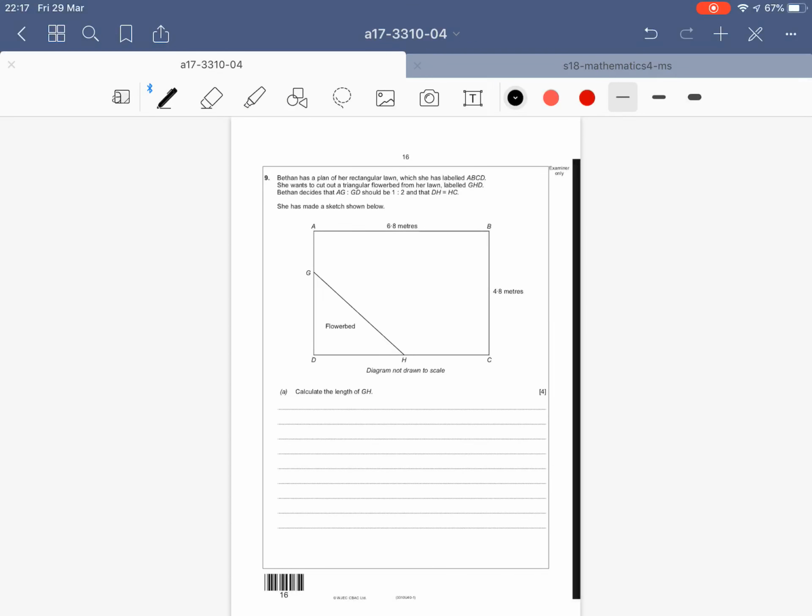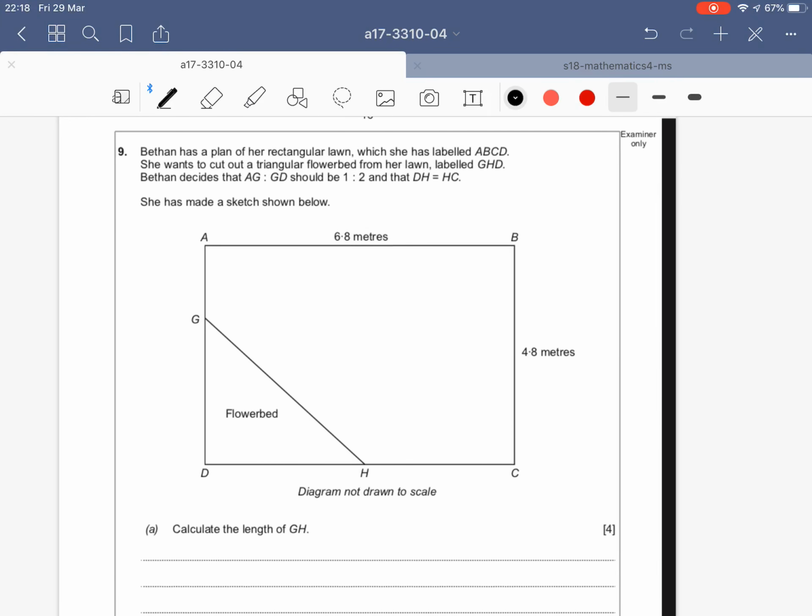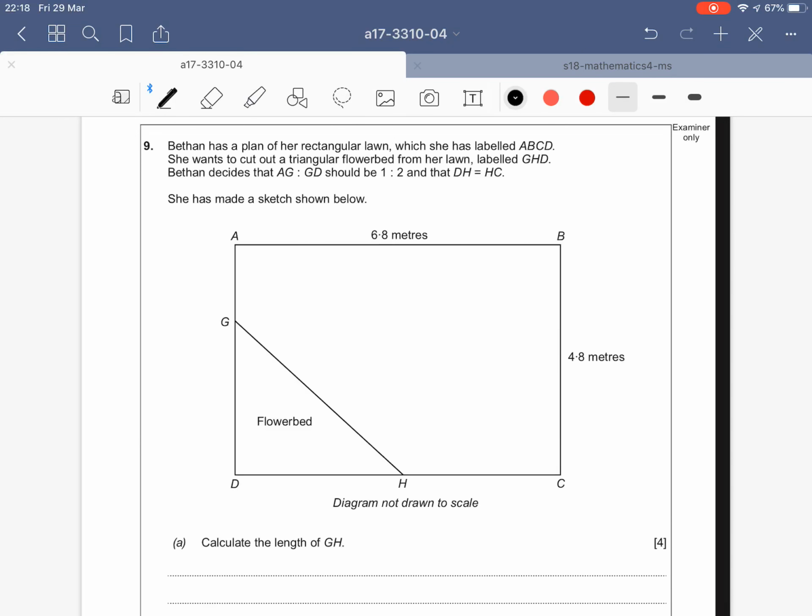Okay, question 9. Bethan has a plan of her rectangular lawn which is labelled A, B, C, D. She wants to cut out a triangular flower bed from her lawn, labelled G, H, D. Bethan decides that AG equals GD.